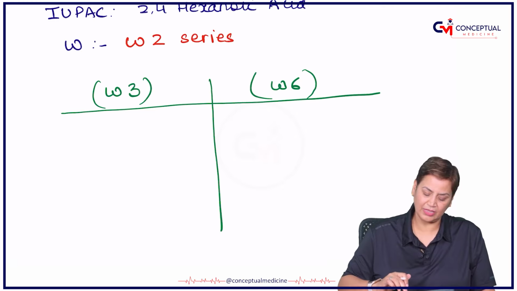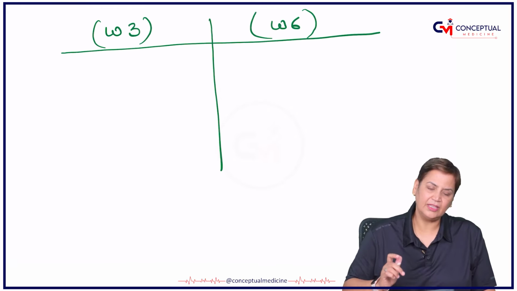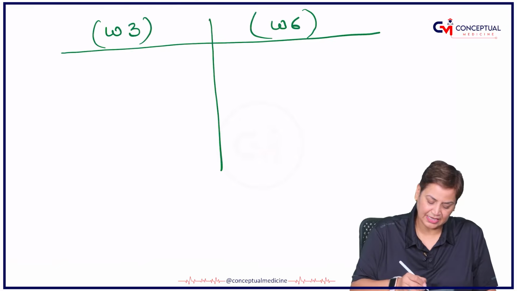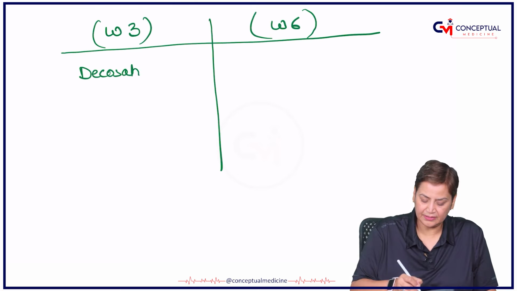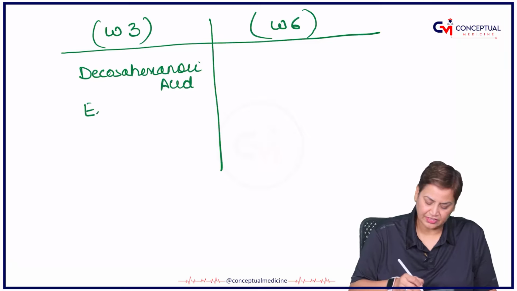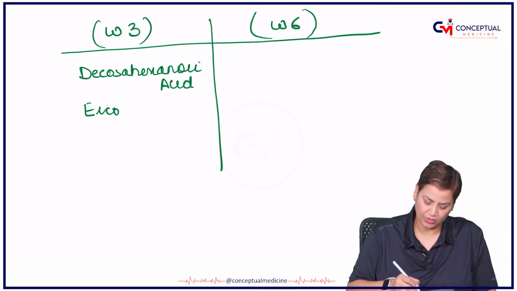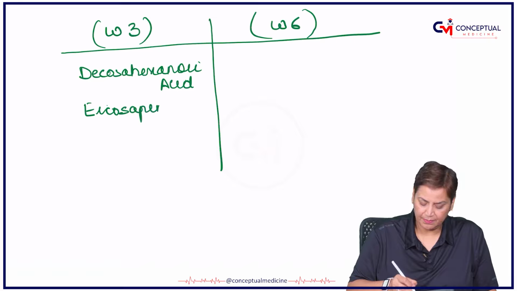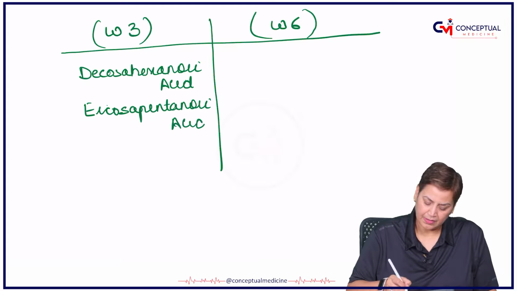Examples of omega 3 are DHA or docosahexaenoic acid, which we call cervonic acid also, and eicosapentaenoic acid, which is known as timnodonic acid.